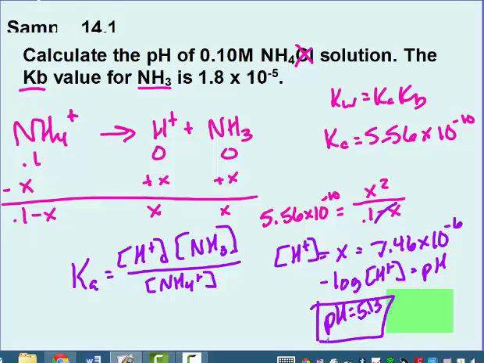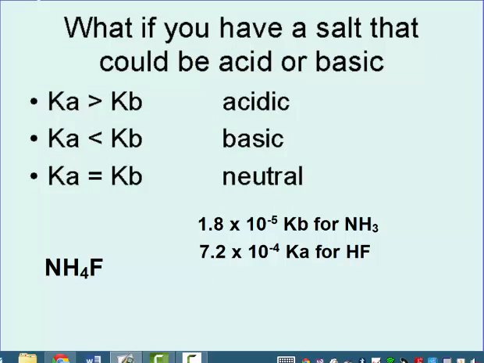Question on it. All right, so what if you have a salt that could be an acid or a base? As in they both came from weak things. So you're like, well, this one came from a weak, this one came from a weak. You're going to look and see if your Ka is greater than your Kb, in which case then it's acidic. If the Kb is greater than the Ka, then it's basic.